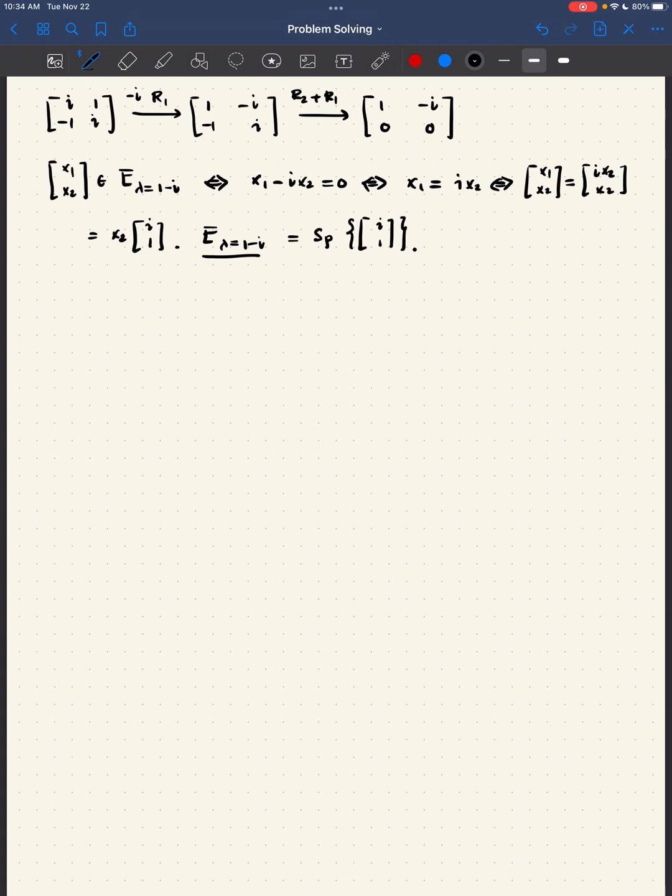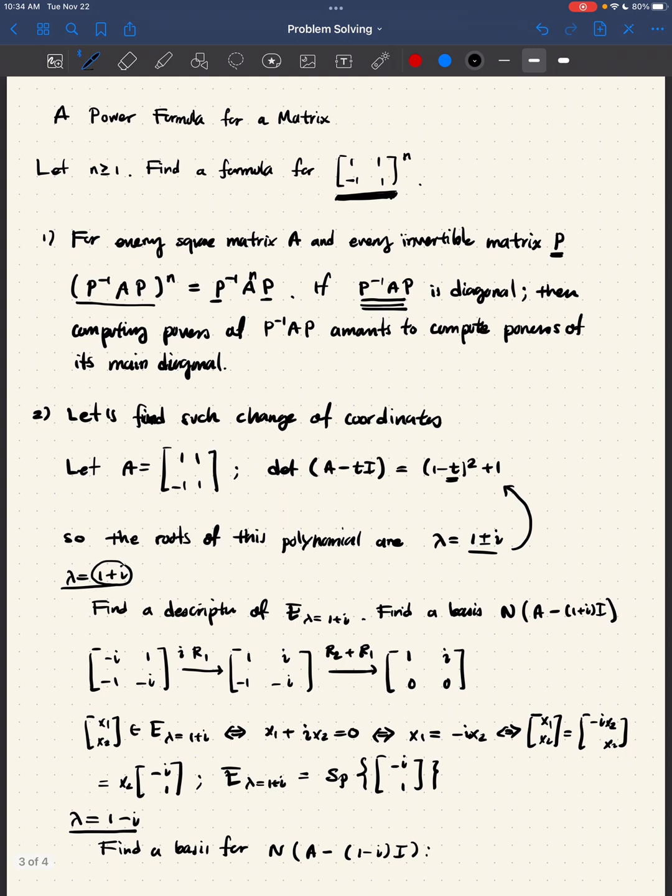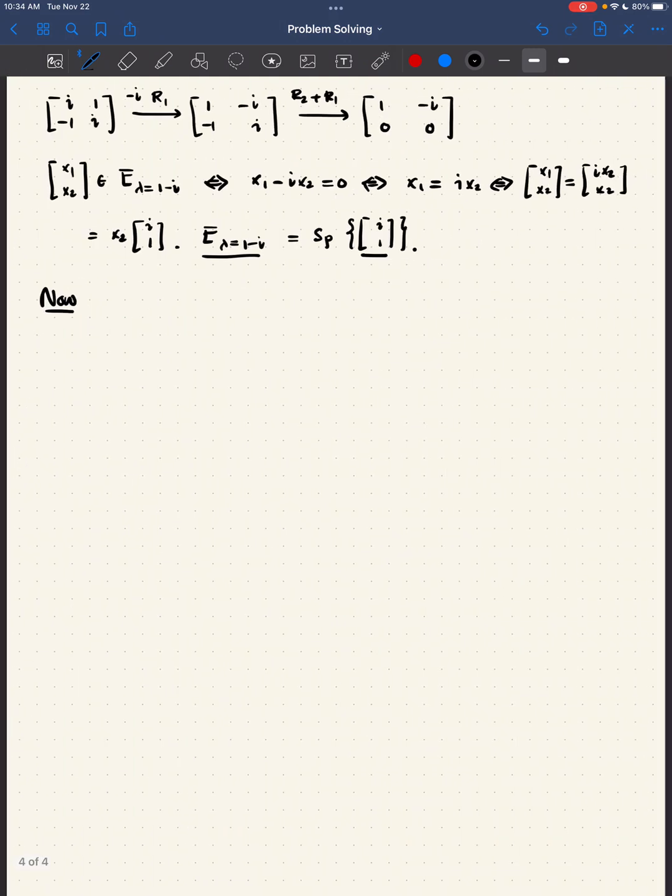Something that we have to notice is that now, when we combine this vector with this one to form a basis, we have (negative i, 1) and (i, 1).